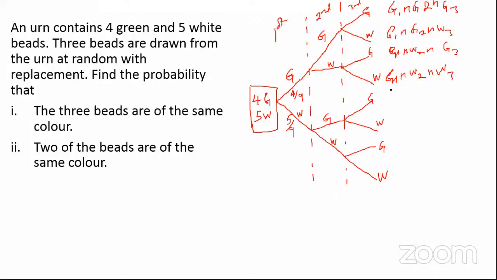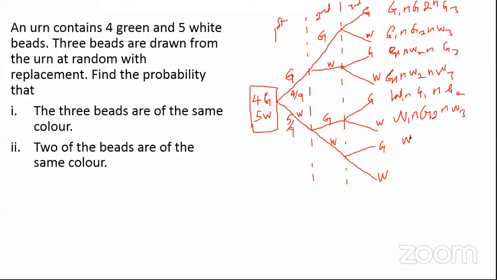Now we begin with the white 1: W1 intersection G2 intersection G3. Then W1 intersection G2 intersection W3.